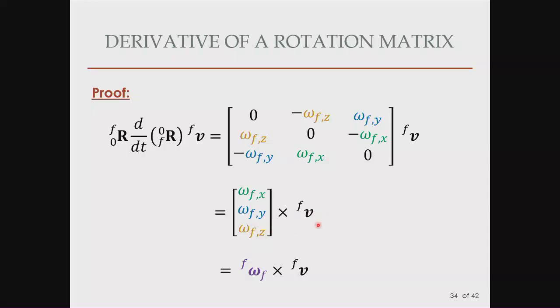Instead of doing a cross product, you can take the first vector and just spread its components in a matrix, in a skew symmetric matrix like this.